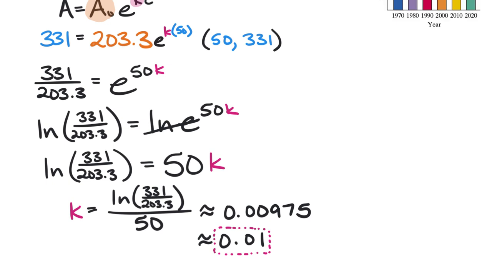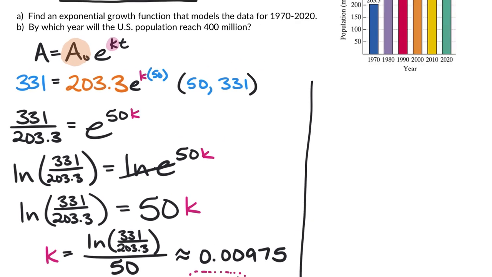Okay, so, wow, we've lost the plot here. Why were we even doing this? Great question. So we had to do all of this business to find a value for k so that we could write that very original function.